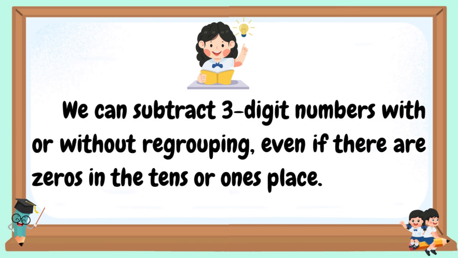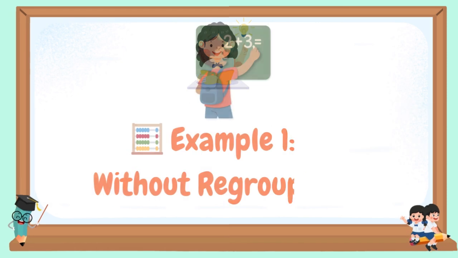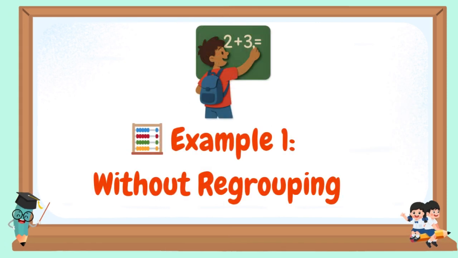We can subtract 3-digit numbers with or without regrouping, even if there are zeros in the tens or ones place. Example 1.